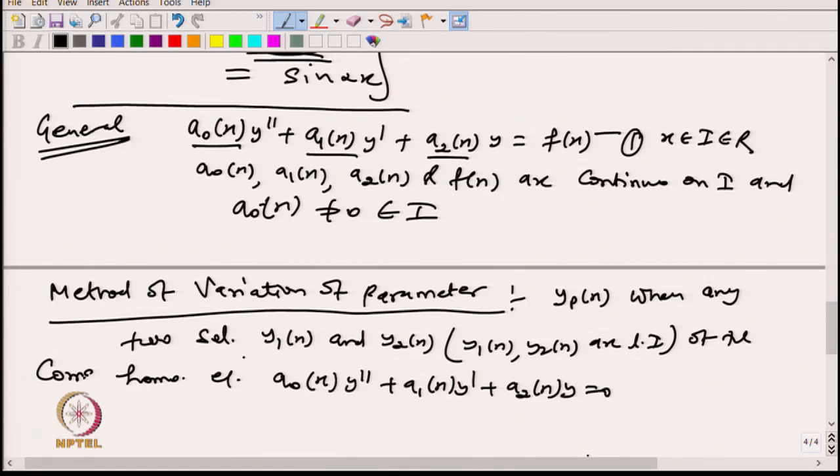This is a very strong condition: y1(x) and y2(x) are linearly independent, and the solutions of this equation should be known to us.